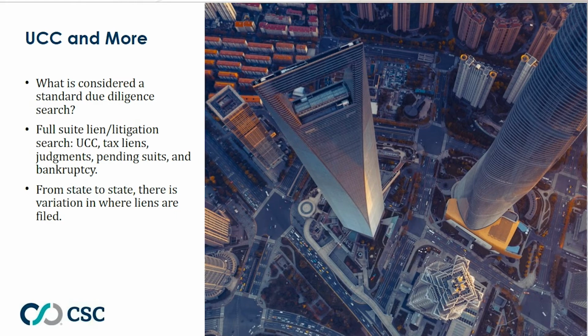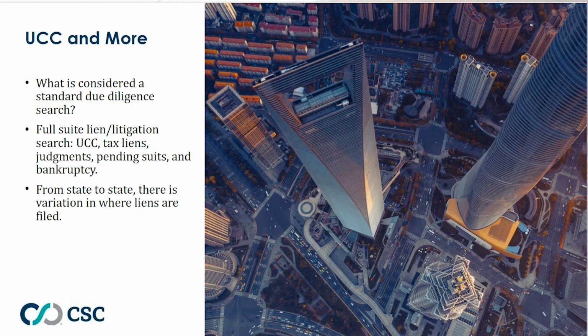And moving on to the third point, this really gets into the weeds, but it's interesting to know that from state to state, there is variation in where liens are filed. Let me just use New York State, my home state, as an example. State tax liens, these would be liens filed by a state agency.